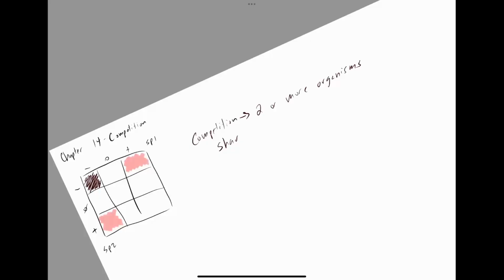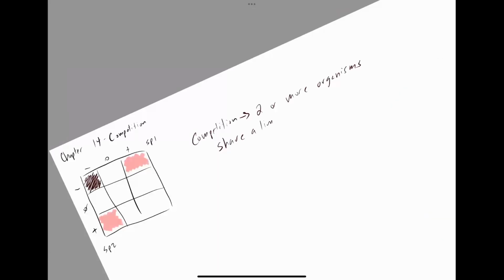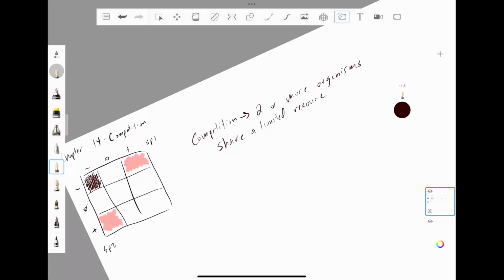This could be space, this could be food, this could be nutrients, this could be light, all these things we've talked about throughout the semester. Right? This is a limited resource.